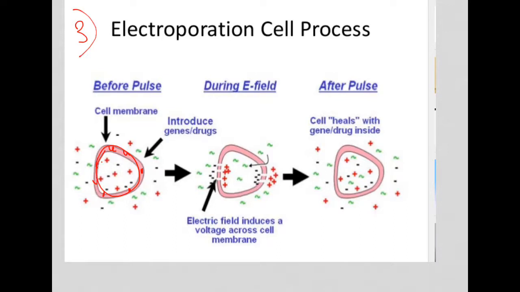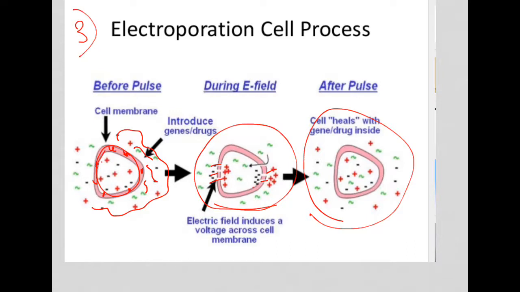These are temporary pores, and due to their formation, there will be uptake of exogenous molecules by the cell through the cell membrane, such as DNA. If the solution contains DNA, it will be taken up by the cell and then imported into the nucleus. Due to the generation of the electric field, pores will be formed, and through these pores DNA will be taken up inside the cell.